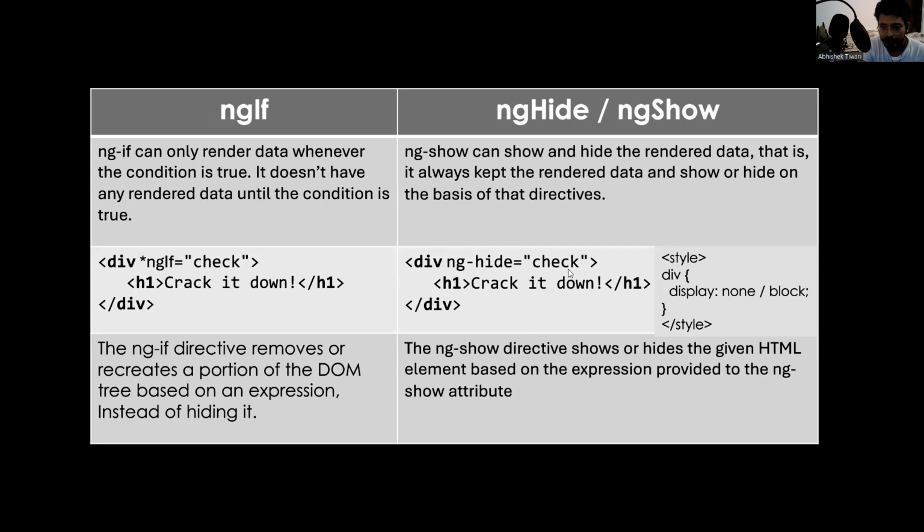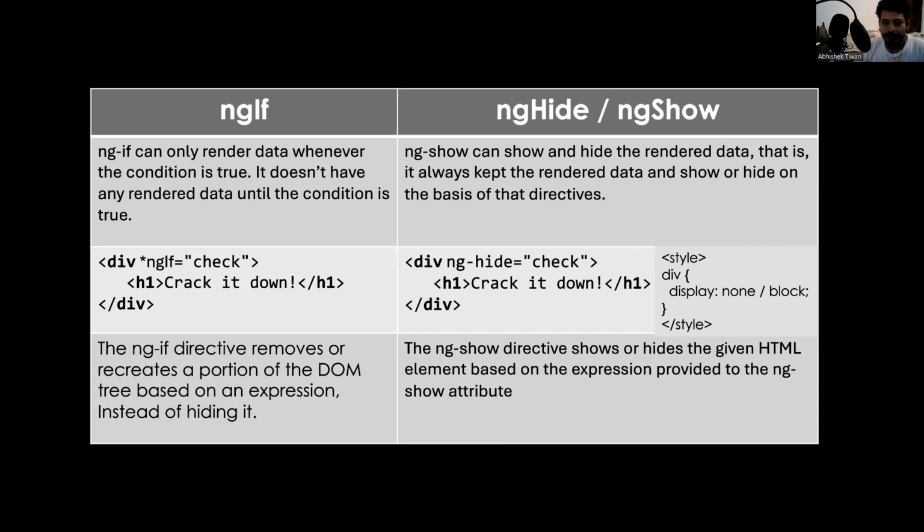If it's true, then NgHide is true, which means it will be hidden. But this div will still exist in our UI. It will only show or hide. So that's why it's saying it always keeps the render data and shows or hides on the basis of the directive. What I explained is the upper level.